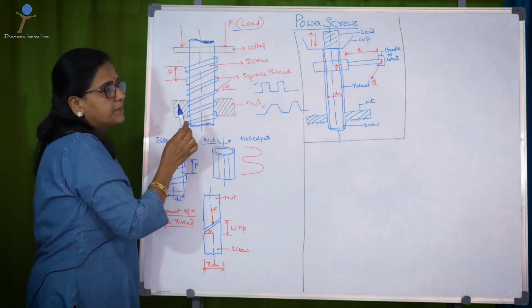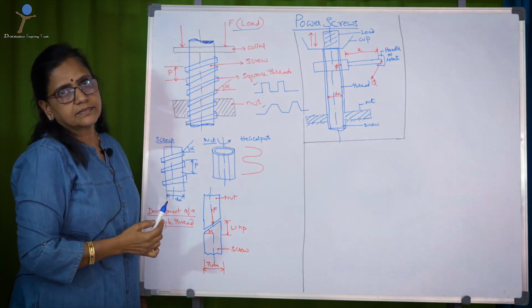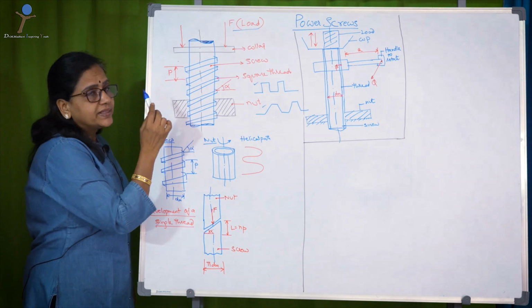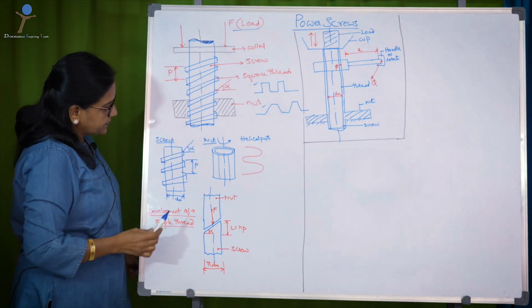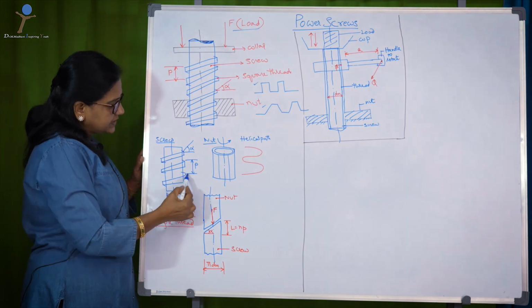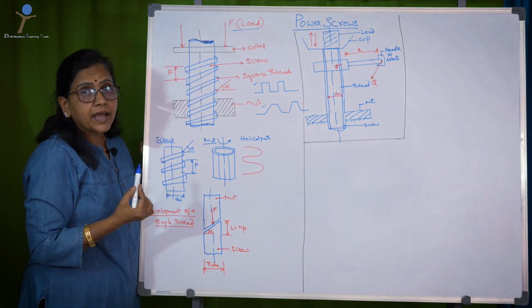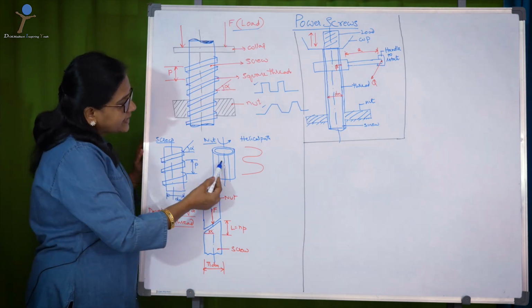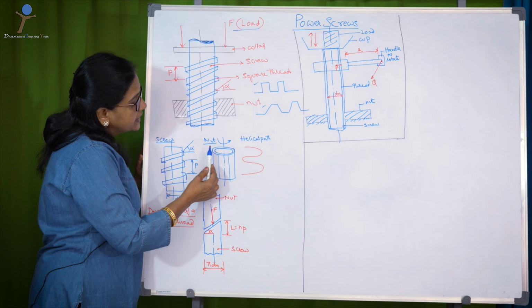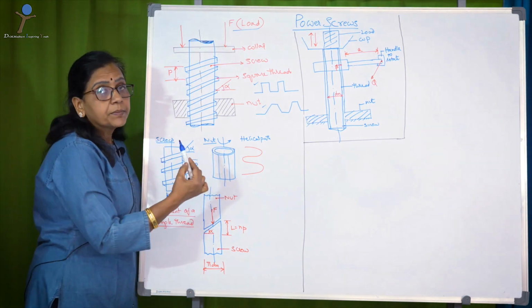the external load that is acting on the screw, which may move up or down based on the rotary motion that you give to the nut. So, what exactly is happening between the screw and the nut? Suppose, as I said, the screw is a cylindrical rod on which the threads are machined, either square thread or acme thread. Then a nut is another machine element in which these same type of threads are internally machined.